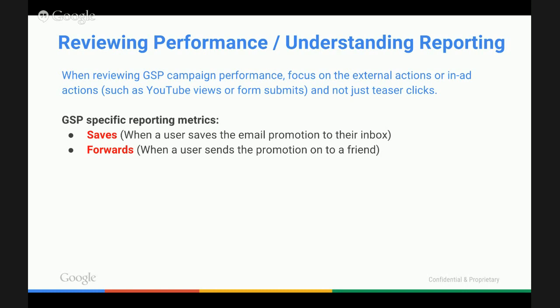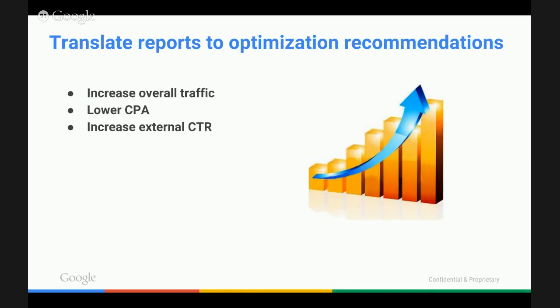Just a reminder that you're only charged per click on the teaser. So when there's a click which goes from your extended ad to the advertiser's website, you're not charged for it anymore. And the same applies to saves and forwards. So you're just getting additional information that you can use for your further marketing.